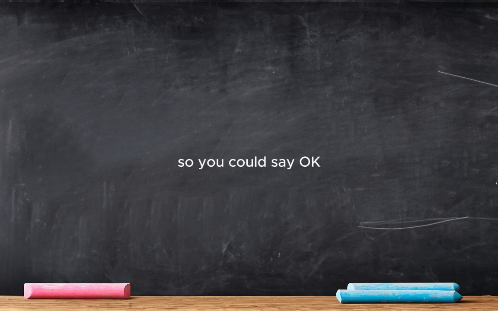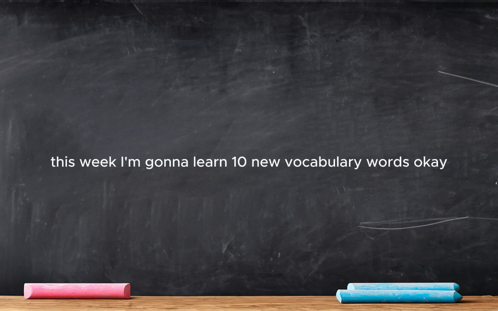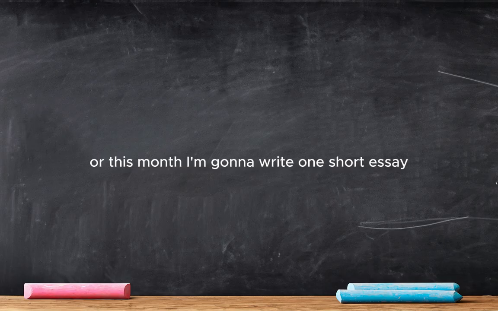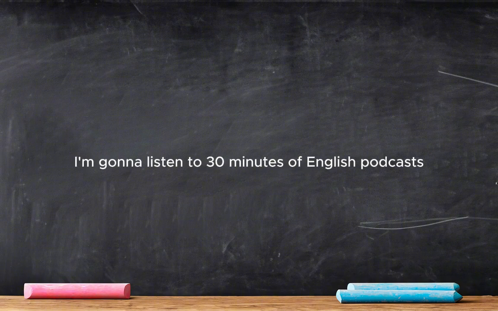So you could say, this week I'm going to learn 10 new vocabulary words. Specific. Measurable. I like that. Or this month I'm going to write one short essay. Or every day I'm going to listen to 30 minutes of English podcasts.